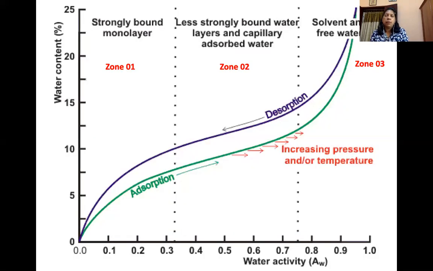So now you can see two different water activities for the same water content, because the adsorption and desorption curves are different. For the same product you can draw two MSIs at the same temperature, and accordingly the adsorption one is most important because it will decide the product safety, product stability, and everything.